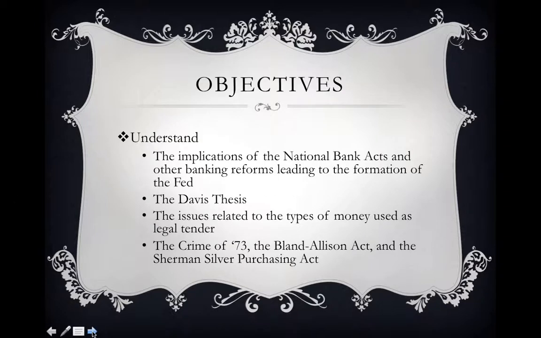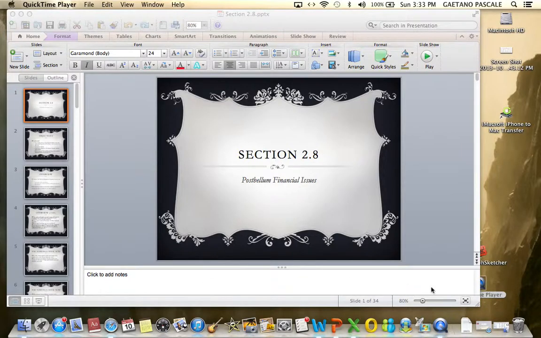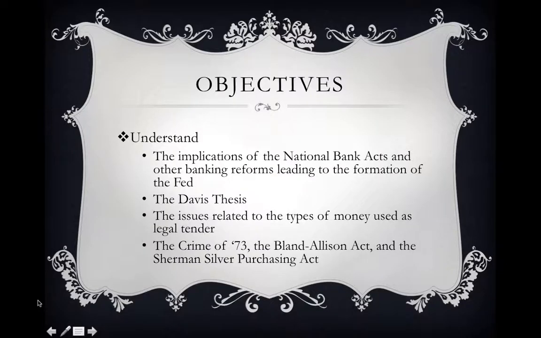So if we move on, the objectives that I really want you to be aware of is, number one, what the National Bank Act was, and particularly the implications of the National Bank Act. What was the National Bank Act trying to accomplish?